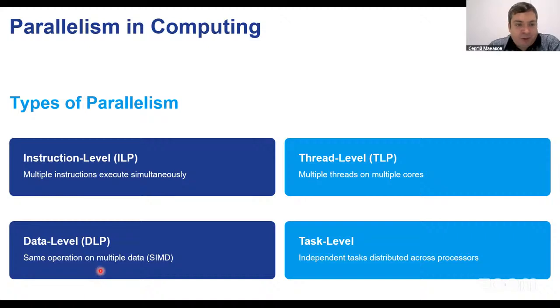Data level, DLP: the same operation on multiple data, which is called SIMD. And task level parallelism, which is independent tasks distributed across processors.